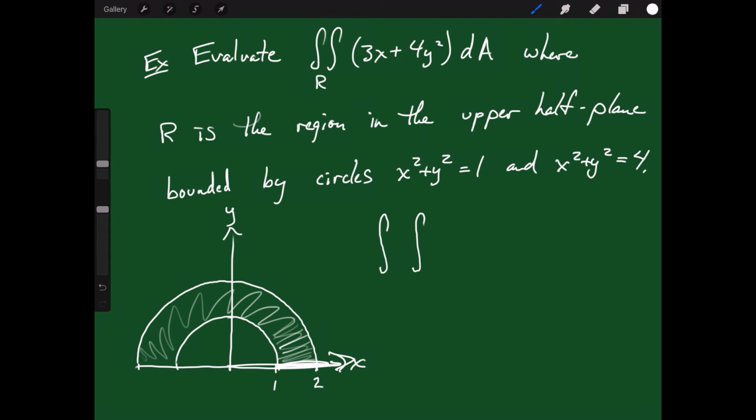And it ends when theta is pointing out this way, which is theta equals pi. So I'm starting with theta is 0, ending with theta is pi. So I'm getting all of this stuff between 0 and pi. So 0 to pi.